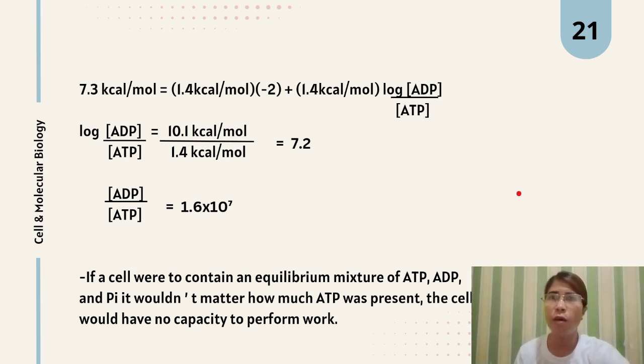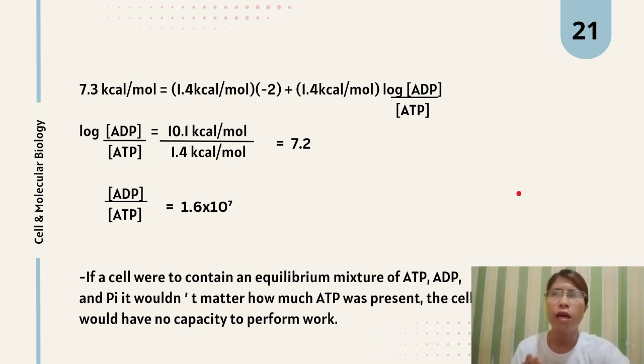Kaya yan po ay magiging 10 raised to 7.2. Pag kinumpute nyo po yan sa calculator, 10 raised to 7.2 equals, ang lalabas po dyan ay 158. So, ni-round off na lang po natin, kaya magiging 1.6 times 10.